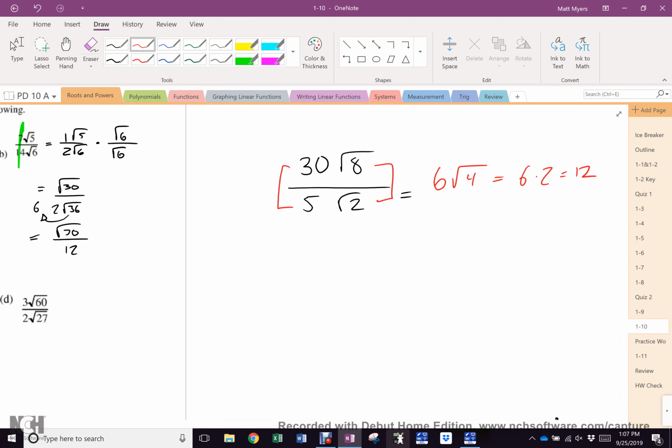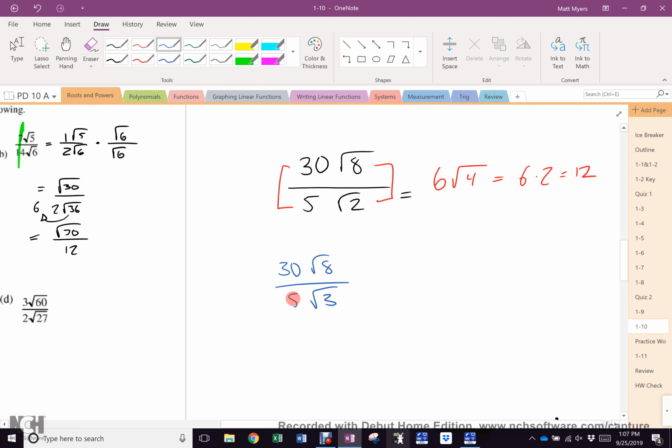Now, that was all well and good. I was very pleased. Everybody figured it out. And then we got to the point where we stopped yesterday, which was when we had something like this: 30 root 8 over 5 root 3. And now all of a sudden, 8 and 3 do not work together.